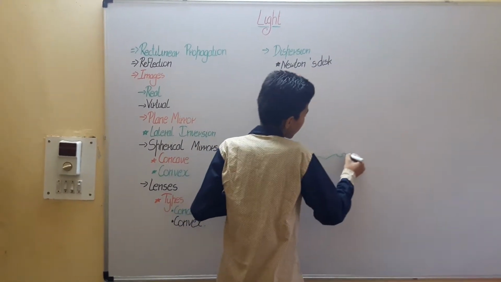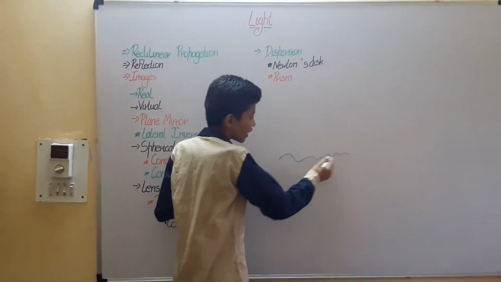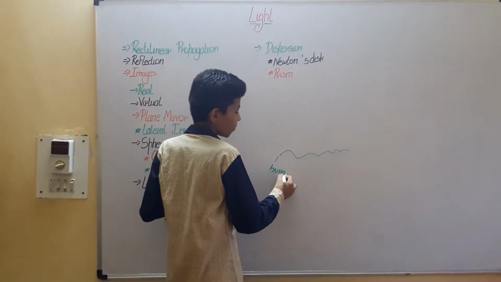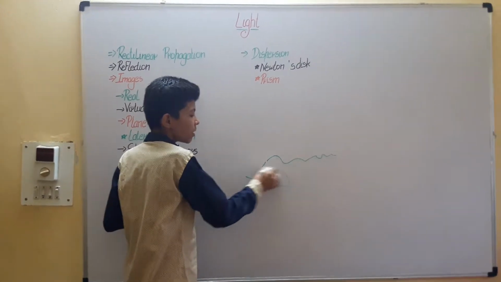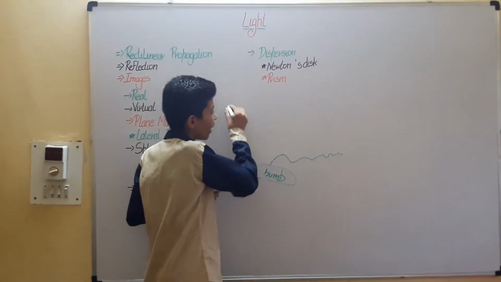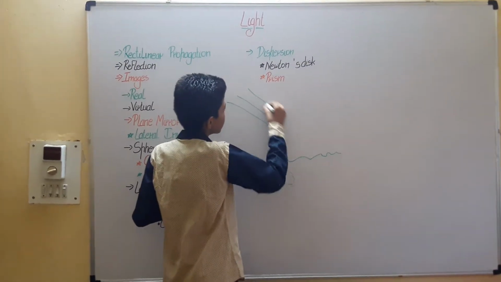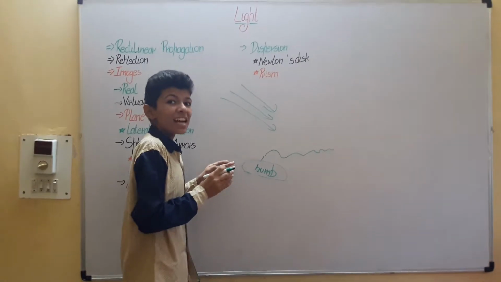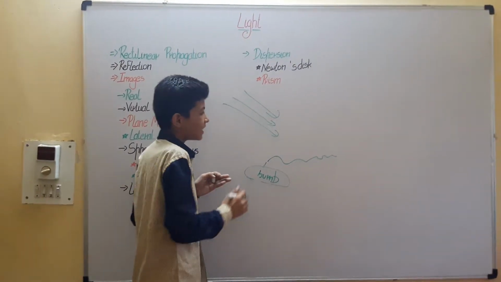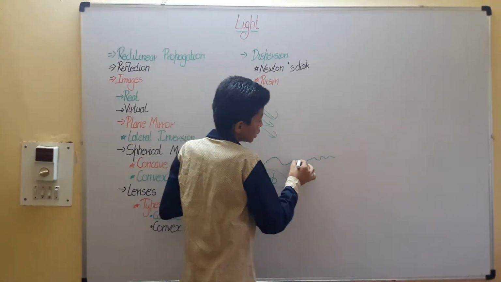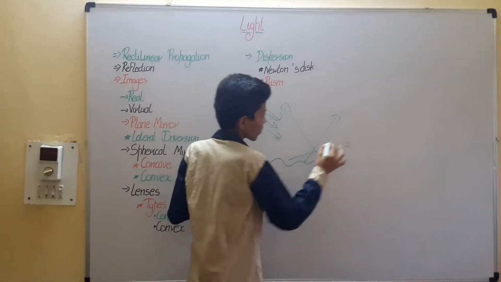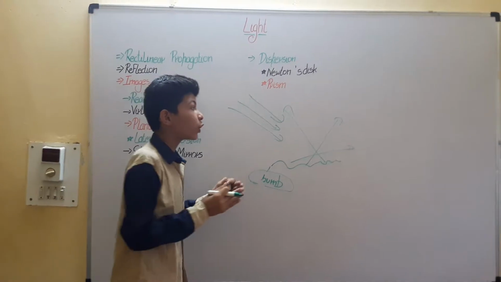Take a rough surface, which by bumpy I mean has bumps on it. When a parallel beam of rays is incident upon it, they are no longer parallel, because they do not all go in the same direction.